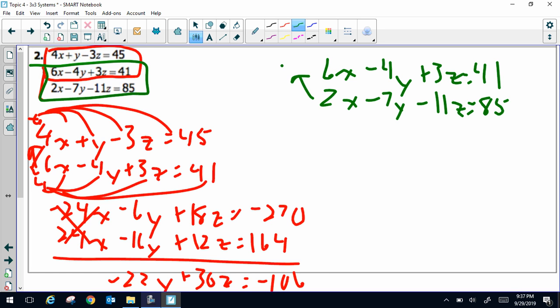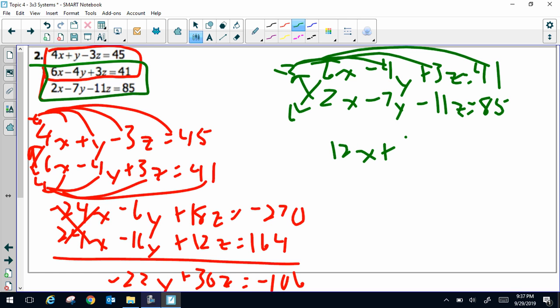So again, bring the 2 up, make it negative. Bring the 6 down, keep it positive. So you get 12x plus 8y minus 6z equals -82.